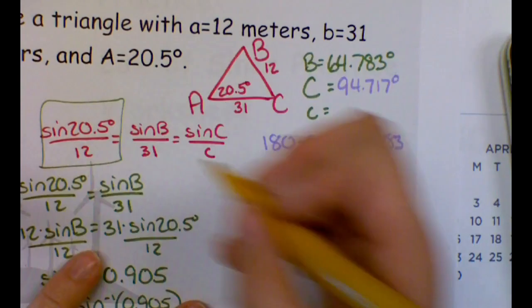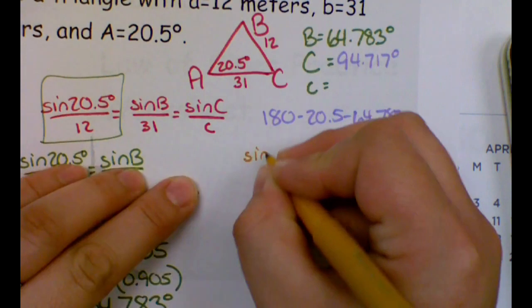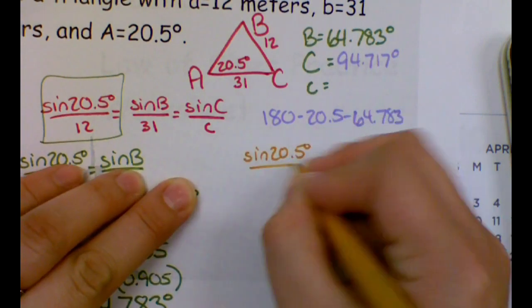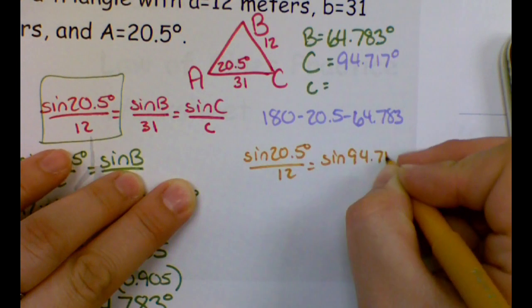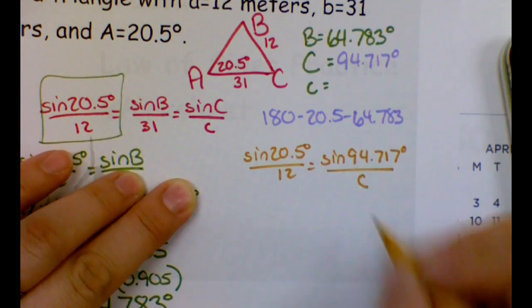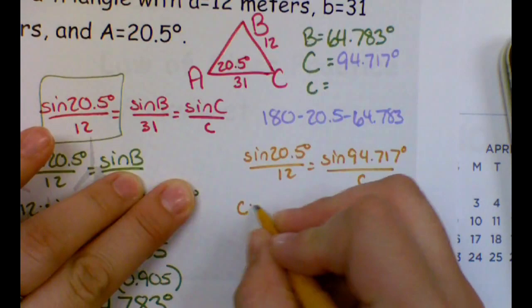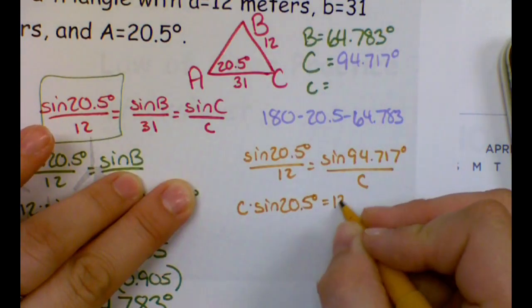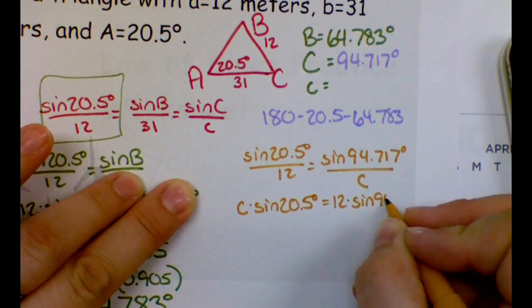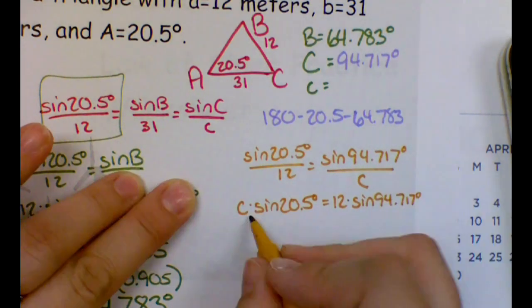Go back to my anchor. The sine of 20.5 degrees over 12 is equal to the sine of 94.717 degrees over C. Cross multiply, C times the sine of 20.5 degrees equals 12 times the sine of 94.717 degrees.